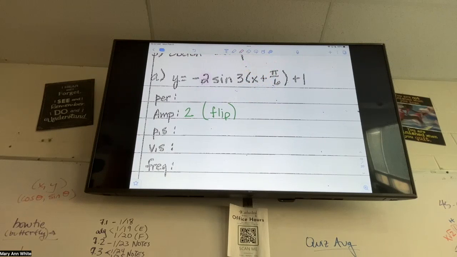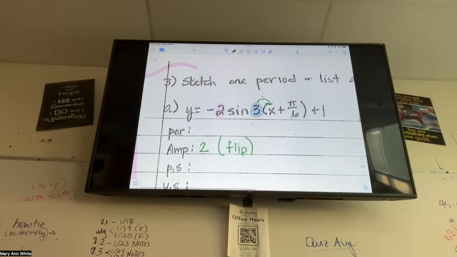Okay. Now let's do our period. We're pretty good at that too. How do I find my period? You multiply that inside by... Okay, yeah, we'll multiply everything inside by 3, so I get 3x plus pi over 2. But then what part of that helps me with my period? The 3 helps me.